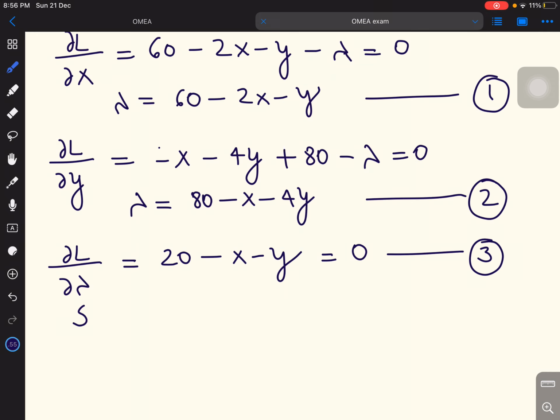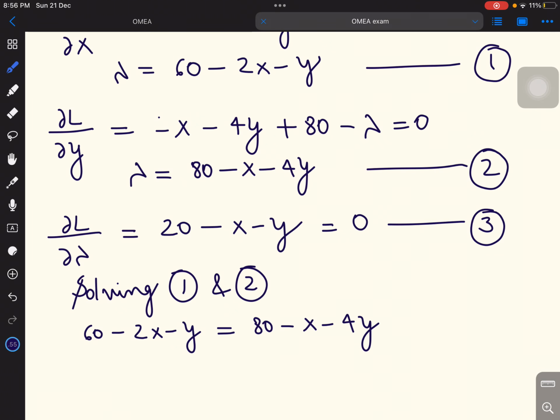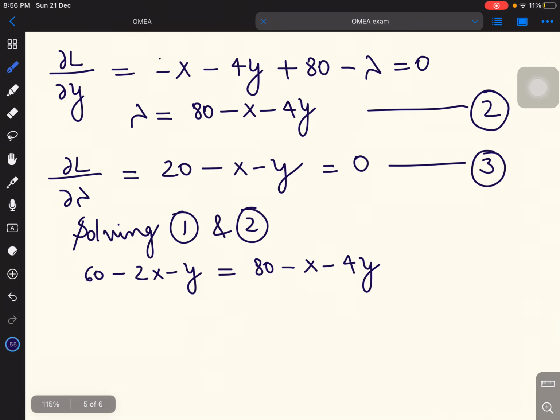Now, second step, solving 1 and 2 simultaneously, we get 60 minus 2x minus y equal to 80 minus x minus 4y. Solving it, 80 minus 60 is 20, and this comes out as x equal to 3y minus 20.